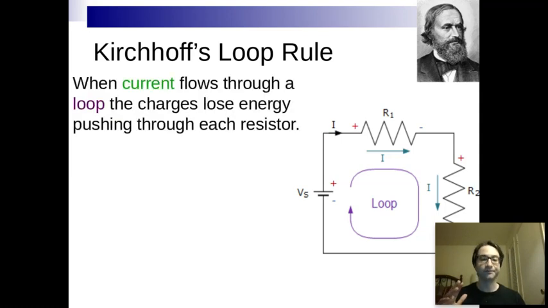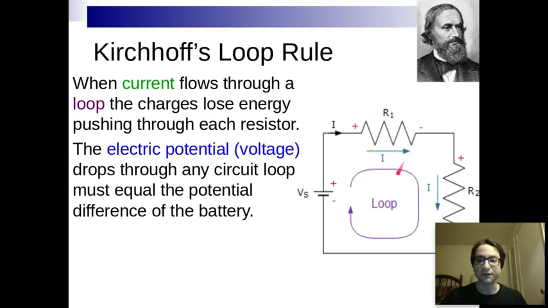So again, current flows through, that's not consumed. Voltage is gained from batteries and lost as the electrons push through resistors. So again, you can get away with considering voltage energy. It's not energy, but it's closely related to energy. So conceptually, you can consider it the same.